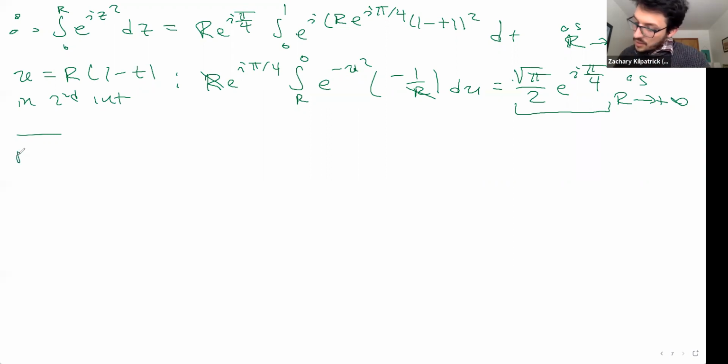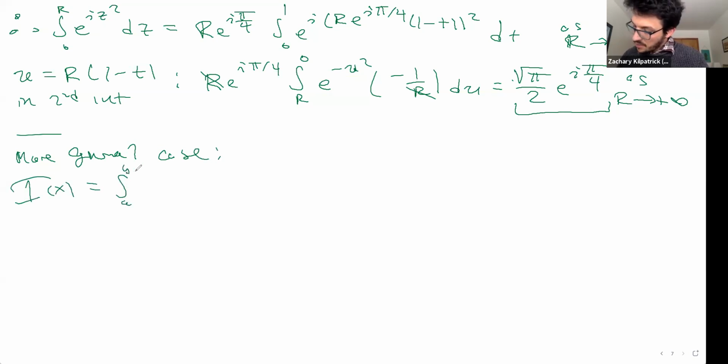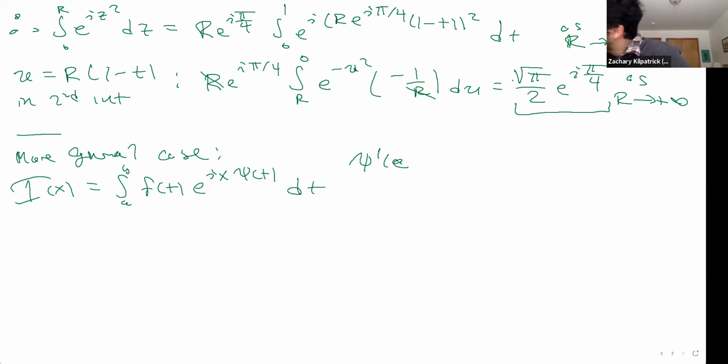So the more general case is, let's say I of x equals the integral from a to b of f of t e to the i x psi of t dt. Let's say that phi prime evaluated at c is equal to 0, and then phi prime of t is not equal to 0 elsewhere.